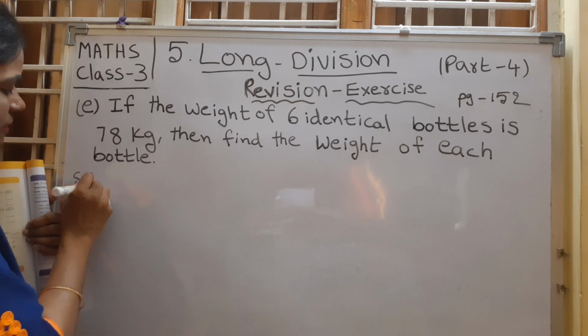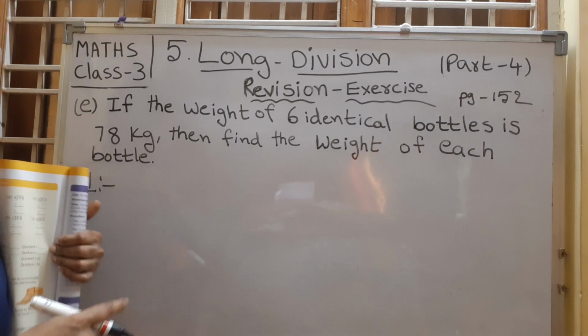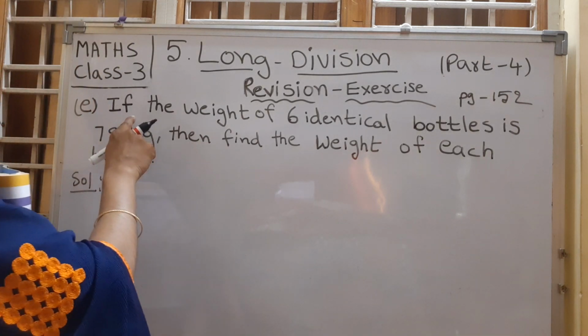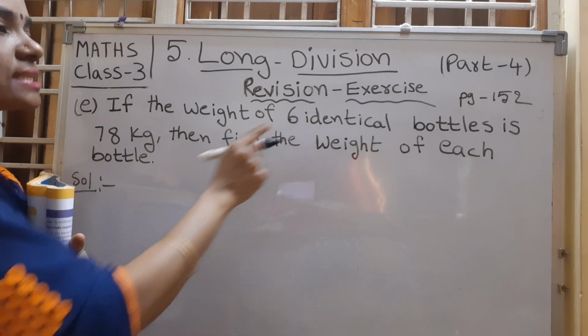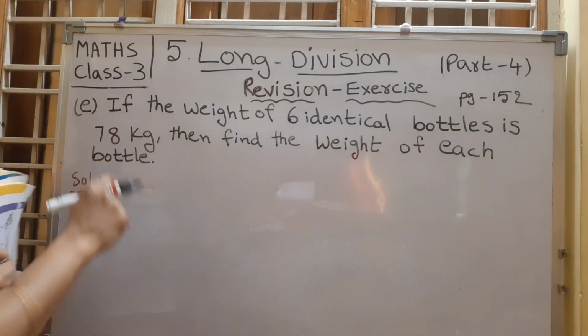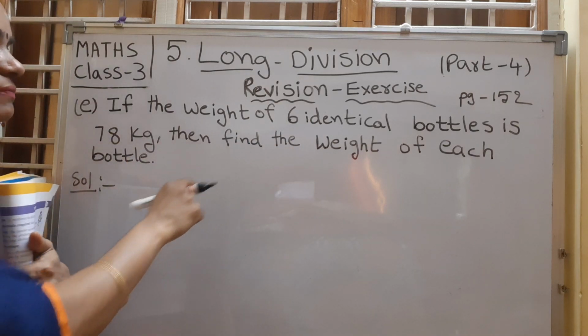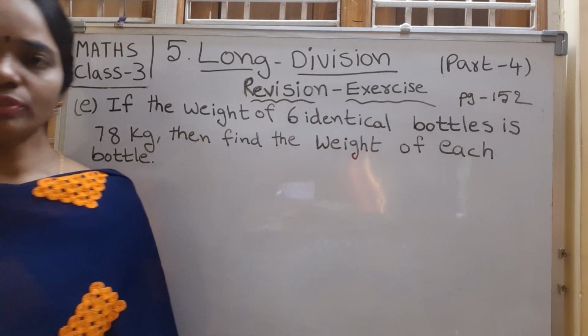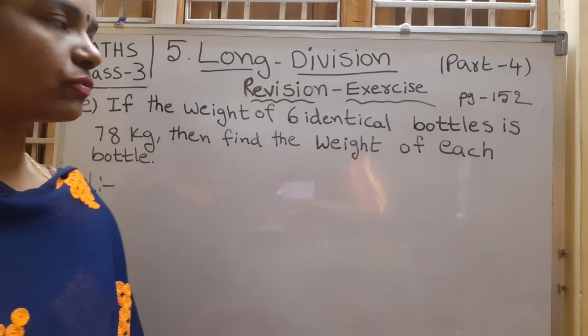Yeah, solution. Children, first read the given word problem carefully. Everyone repeat after me. Yes, if the weight of six identical bottles is 78 kgs, then find the weight of each bottle. Yes. So what do you understand from this word problem, children?